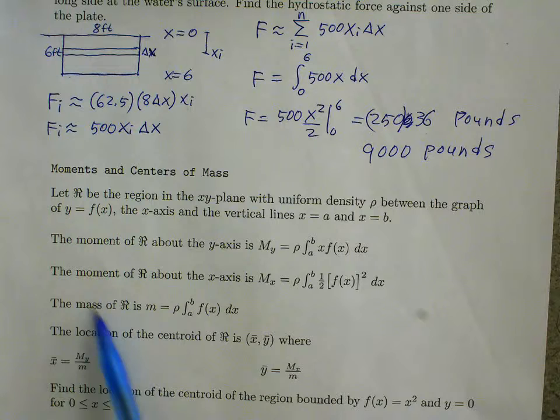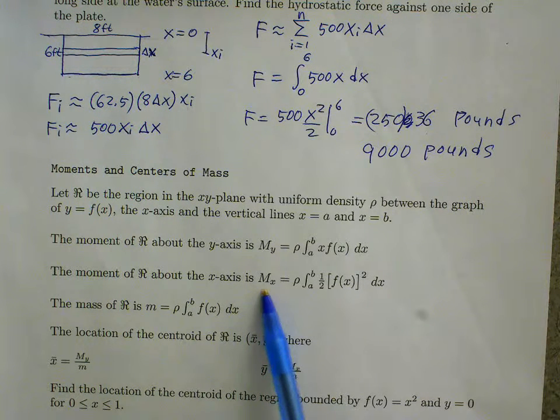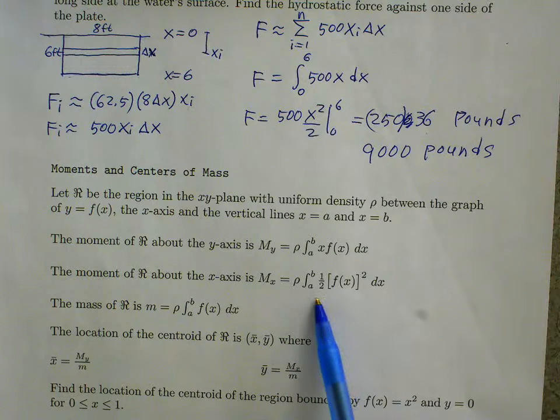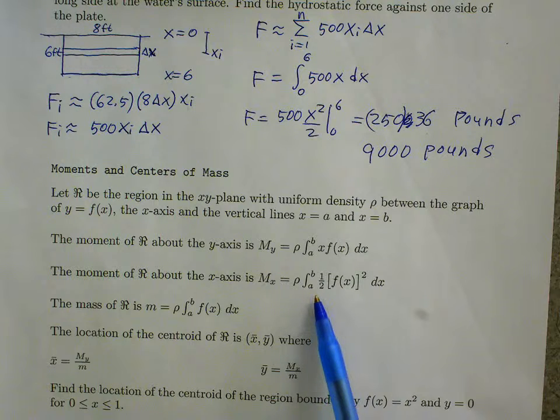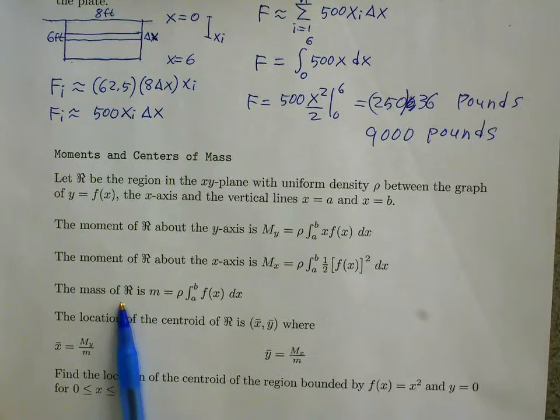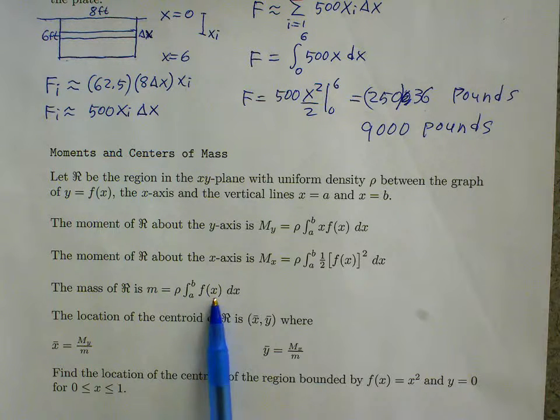The moment of the region R about the x-axis is M sub x equals rho times the definite integral of 1/2 times f of x squared from x equals a to b. And then the mass of that region is just the density times the area. So it's rho times the definite integral of f of x dx from a to b.